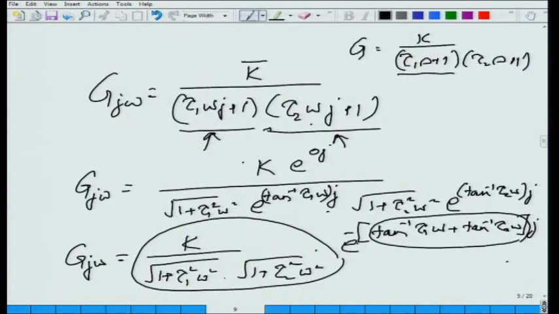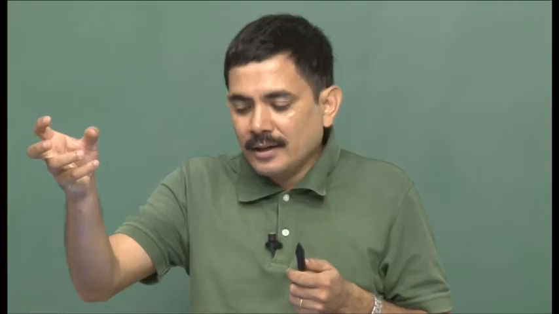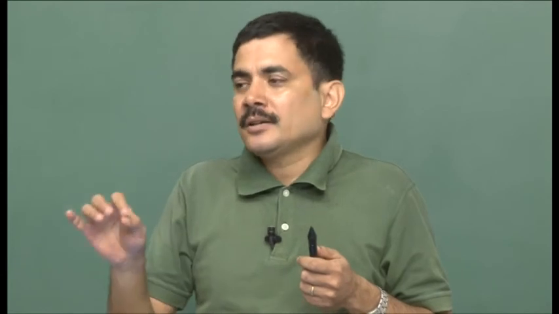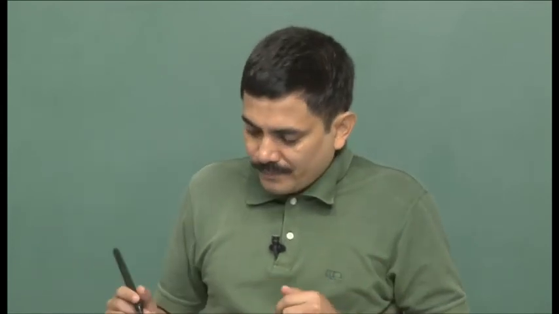On the other hand, if you deal with a polar system, then the magnitude becomes simply the multiplication or division of the complex numbers' magnitudes, and the angle becomes the sum of the angles of the respective complex numbers. If the complex number is in the numerator, the angles get added. If the complex numbers are in the denominator, the angle becomes negative. That is all.